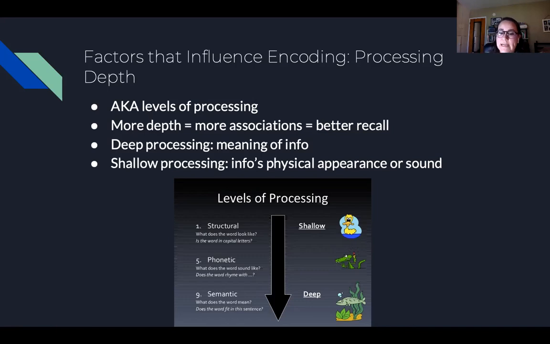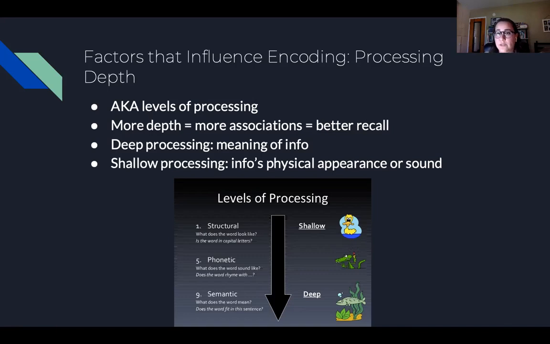And so the idea here is that the deep, meaningful kinds of information that is processed leads to more permanent retention, better remembering, versus more shallow, sensory level processing. This deep processing, like I said, involves the meaning of the information.